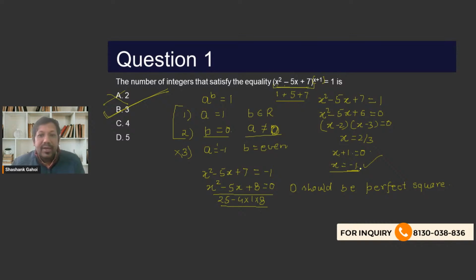So I am plugging x equal to -1 over here and checking whether it becomes 0 or not. So -1 square is 1, minus of 5 into -1 is going to be 5, plus 7. So it doesn't become 0. It means this is correct, and we are going to get one solution from it. Understood, Om?